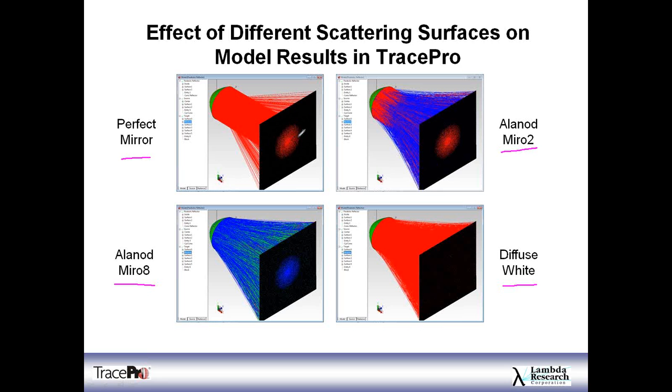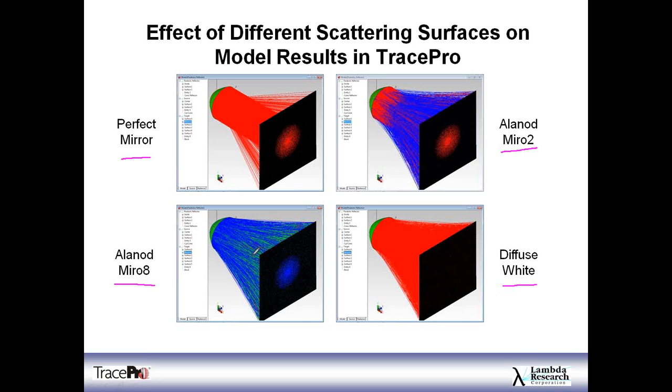And you can see here, here's my target. I just set the view of it to be partially transmissive, so you can actually see some of the rays hitting it. We can see the perfect mirror, and we look at Alanod 2. The beam doesn't look that different here, but we start to see a lot of blue rays, so we're seeing some scattered light because it's not a perfect mirror property.